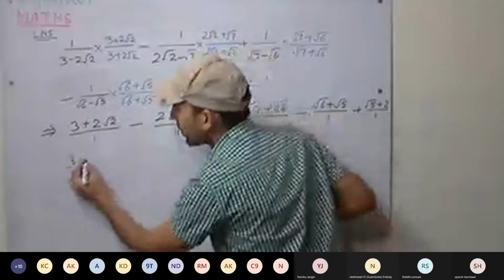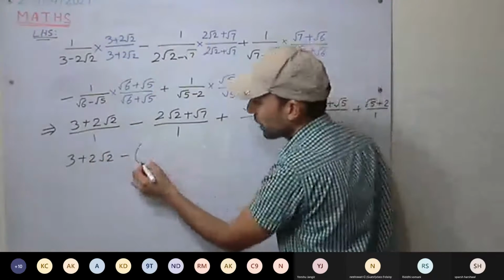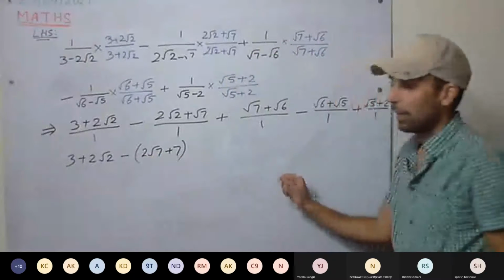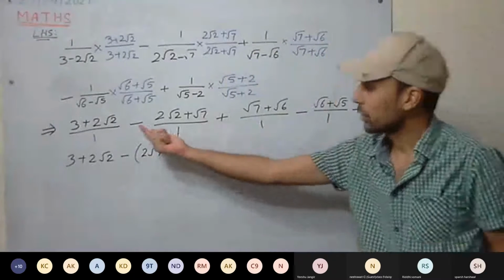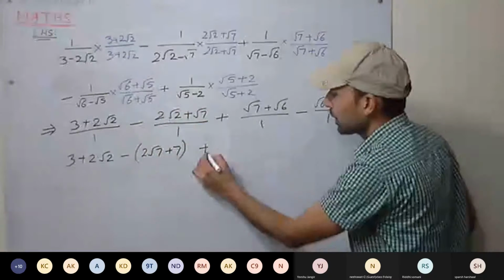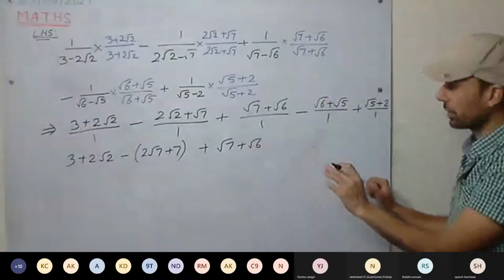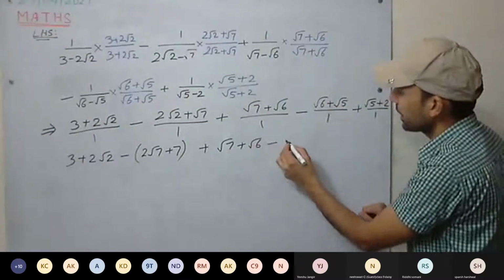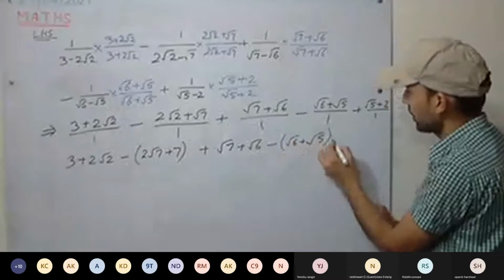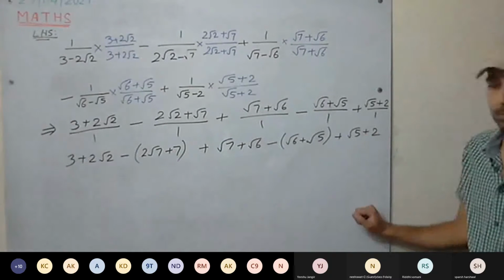Next step: 3 plus 2 root 2, minus also this 4, 2 root 7 plus 7. Have you understood this step? Because this minus sign is for both. Plus root 7 plus root 6, so we change the sign to plus. Minus sign again, root 6 plus root 5, plus root 5 plus 2.